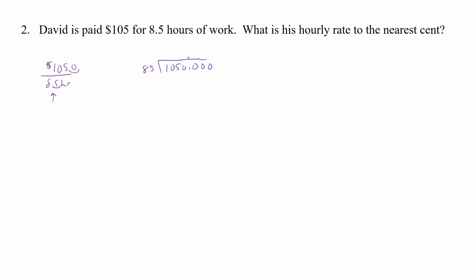So 85 will go into 105 once, and that's 85. And we have 20 left. Bring down that. That will go in twice. That's going to give us 170. That's 30. Bring down another 0. Now 85 times maybe 3.